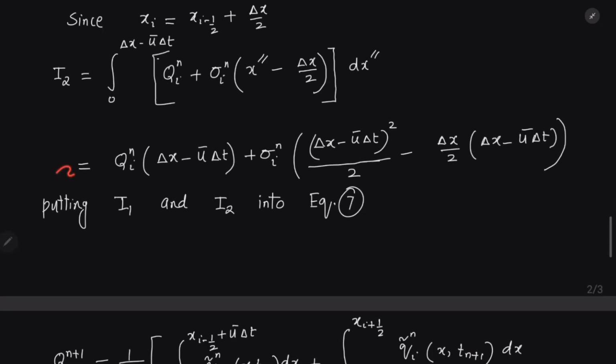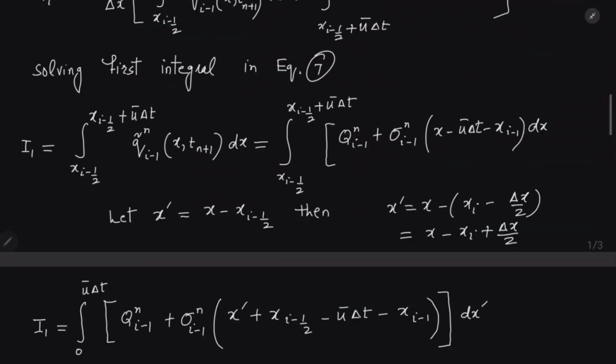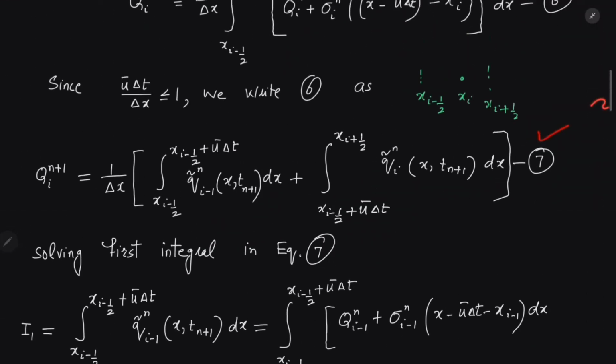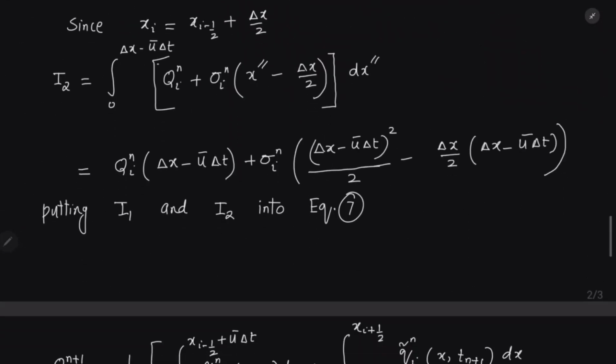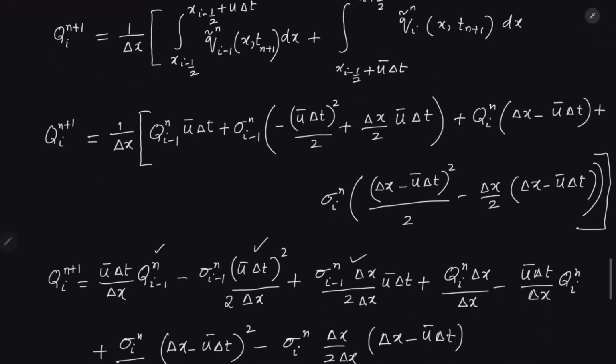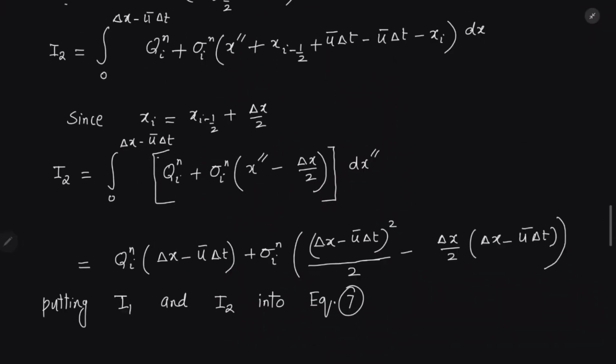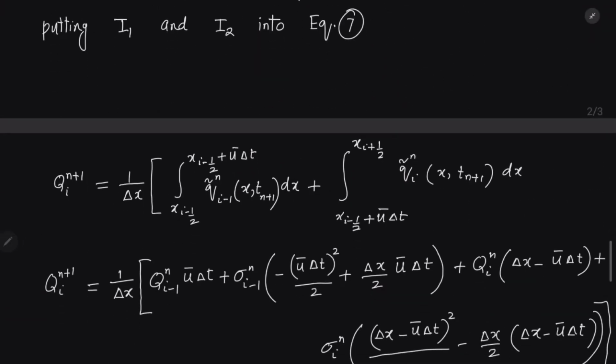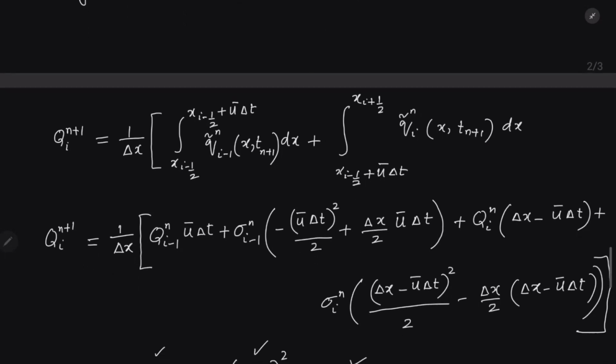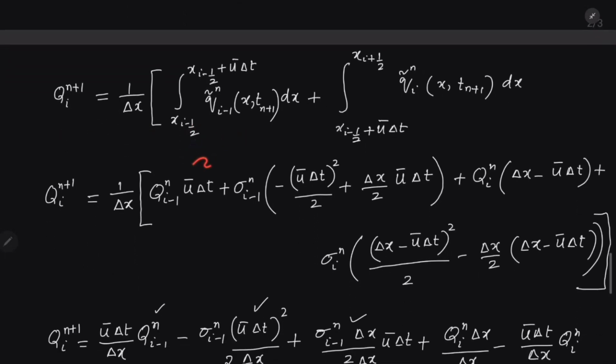We put all these I2 and I1 into equation number 7. This is equation number 7. So when we put I1 and I2 into equation 7, we get the answers. We put all the answers. 1 by delta x is the coefficient.